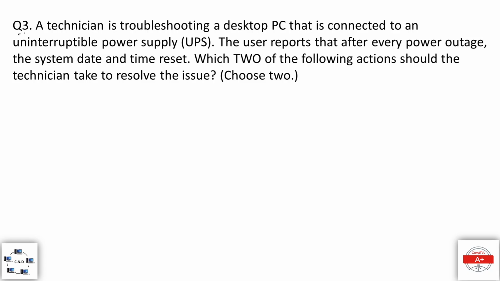Question number 3. A technician is troubleshooting a desktop PC that is connected to an uninterruptible power supply, that is UPS. The user reports that after every power outage, the system date and time resets. Which two of the following actions should the technician take to resolve the issue? Choose two options.